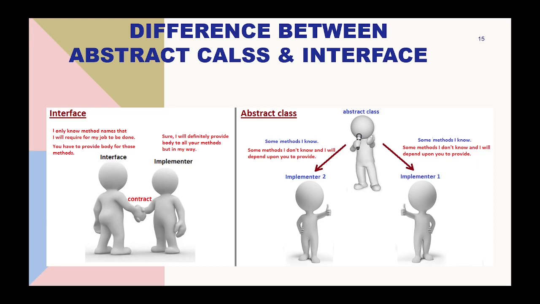In an abstract class we have to define the abstract method as well as its implementation. If we want to use some of the same methods in the future, we have to define them while declaring the abstract class, and then we can use them later on anytime. But in the interface, the method can be implemented later on by any user, I mean any coder. So that is the main difference between abstract class and interface.